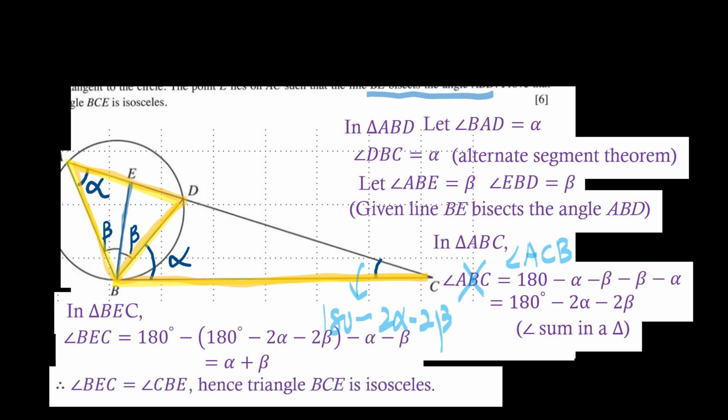So the conclusion here is your angle BEC is alpha plus beta. BEC here we found to be alpha plus beta. And your CBE, okay, this angle here is also alpha plus beta. So therefore, triangle BEC is an isosceles triangle.